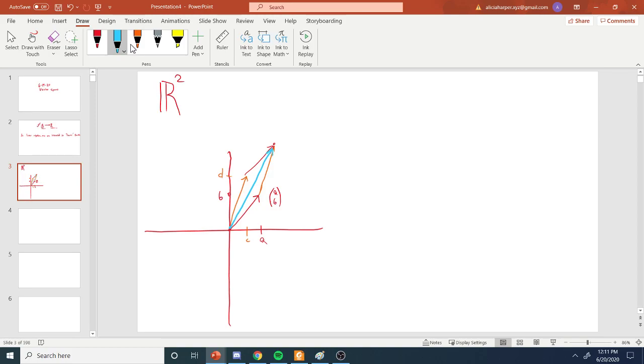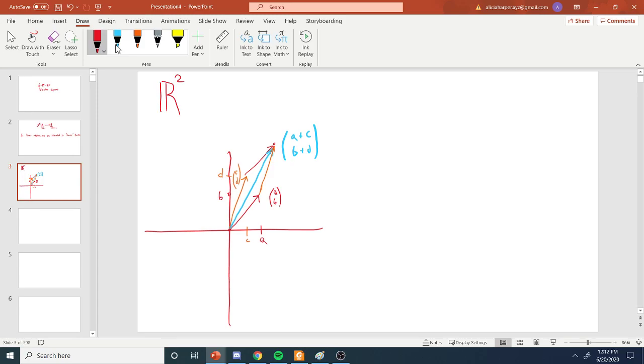This vector right here is going to be the sum of the orange vector and the red vector. Here the orange vector has components c, d, and the blue vector will have components a plus c and b plus d. So that is how vector addition works.